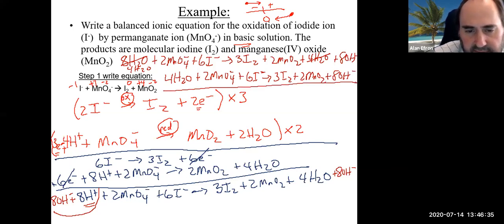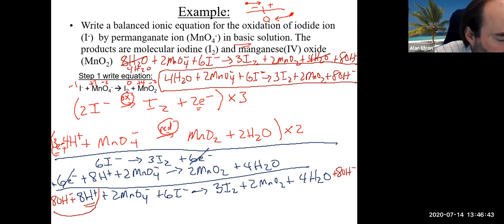And this should be the balanced equation in basic conditions. And again, if we just go through it, we got 8 hydrogens on each side. We got 4 and 8, which would be 12 oxygens on each side. We also have 2 Mn on each side and 6 iodides or iodine.